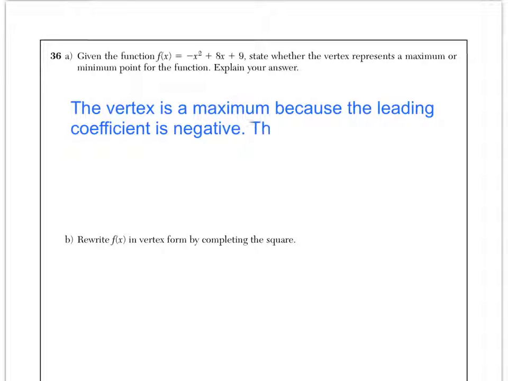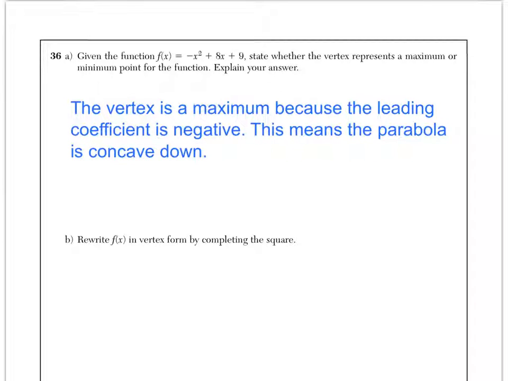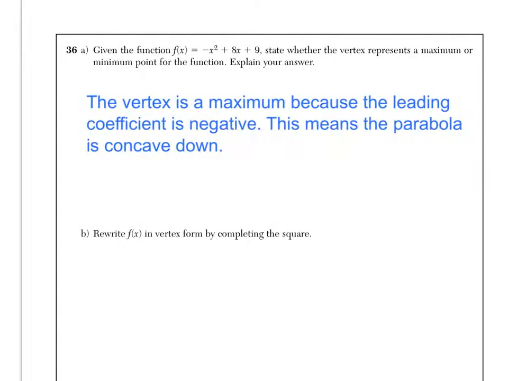And what does this mean? Well, this means the parabola is concave down. Okay, so remember the leading coefficient is the number in front of the x squared.